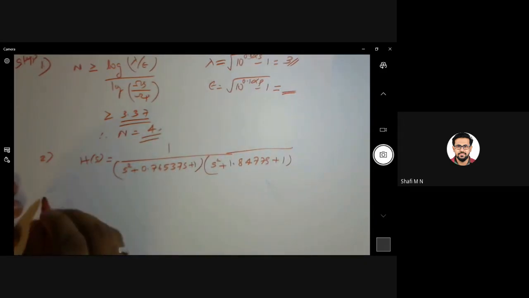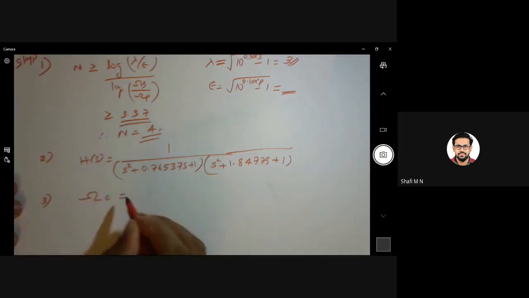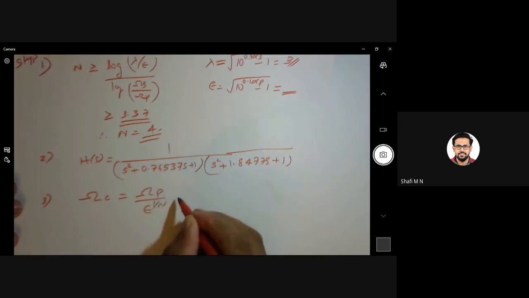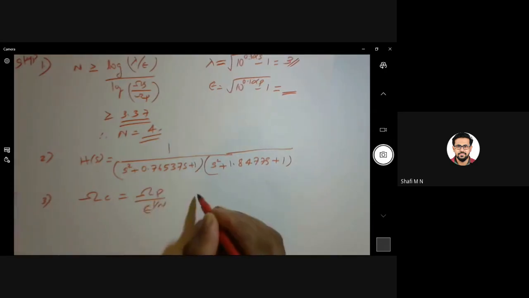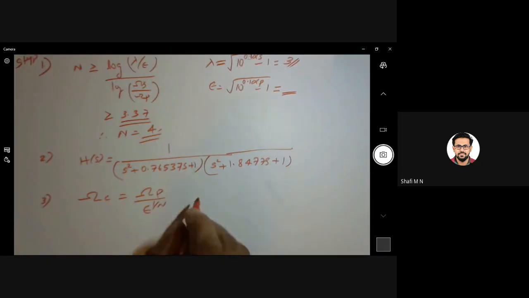So first I have to calculate my cutoff frequency. That can be calculated using the equation omega p by epsilon raised to 1 by n, or omega s by lambda raised to 1 by n. If it was mentioned in the question that you have to meet the passband specification, or even if nothing is mentioned, you proceed with the passband specification.